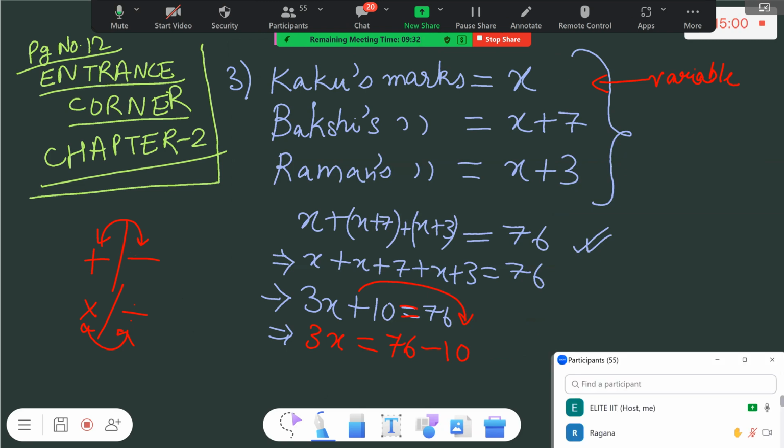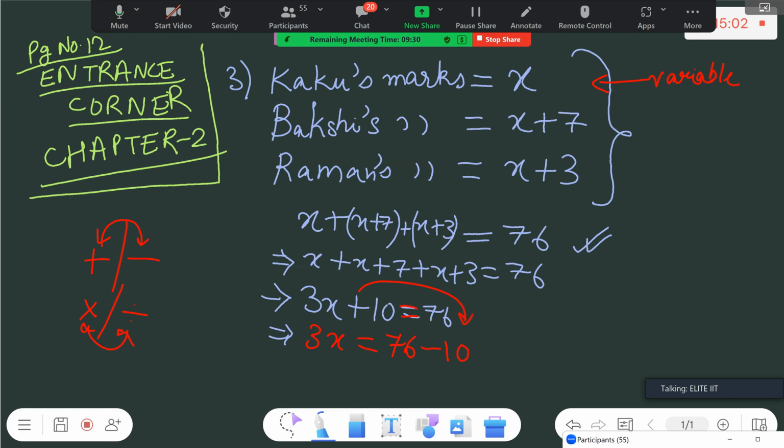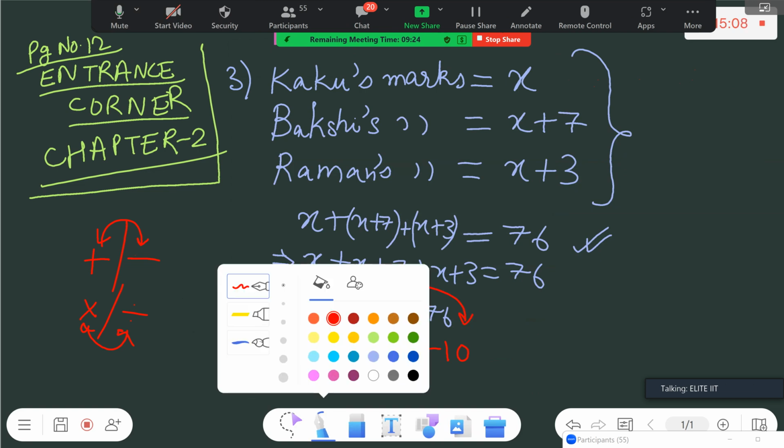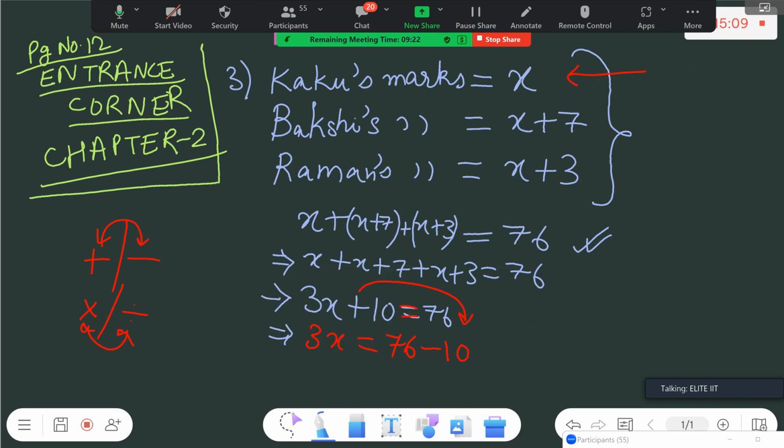So if x is unknown, if anything is unknown to us, then we write x. We do not know Kaku's marks. If anything is unknown to us, then we assume it is, suppose, x. Clear?